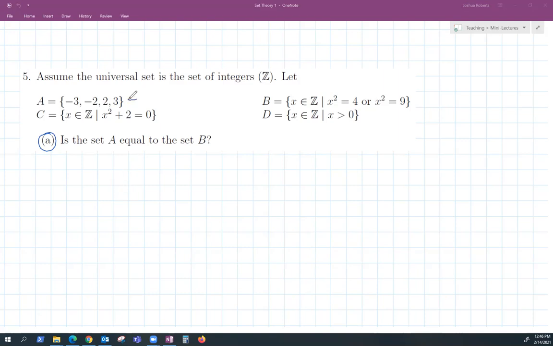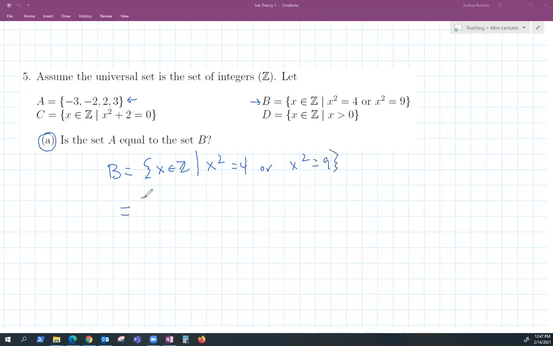Well, A is listed out in roster method, so it's kind of easy to see what's going on. This one is not listed in roster method. So why don't we write out what B is using the roster method? So B is equal to the set of all integers such that x squared is equal to 4 or x squared is equal to 9.